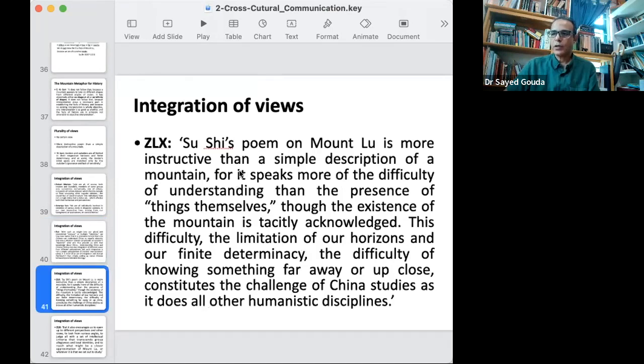Su Shi's poem on Mount Lu is more instructive than a simple description of a mountain, for it speaks more of the difficulty of understanding than the presence of things themselves.